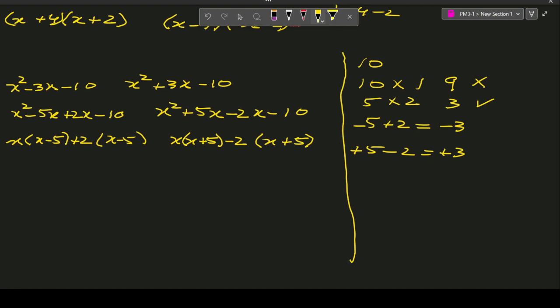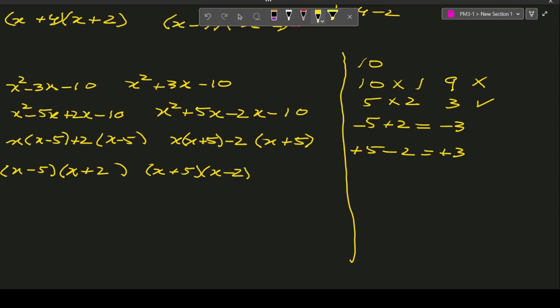Here let's come back to the first algebraic expression. Here x minus 5 is common, and we will get x plus 2, and here x plus 5 is common, so we get x minus 2.